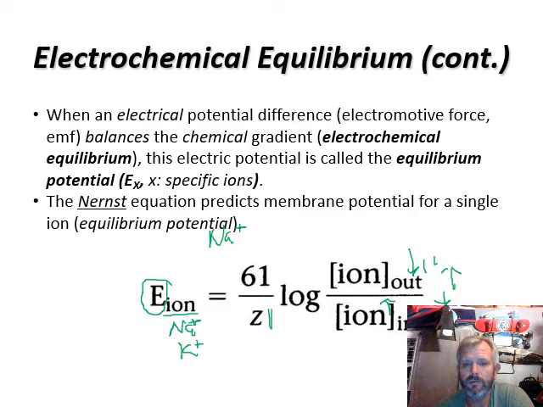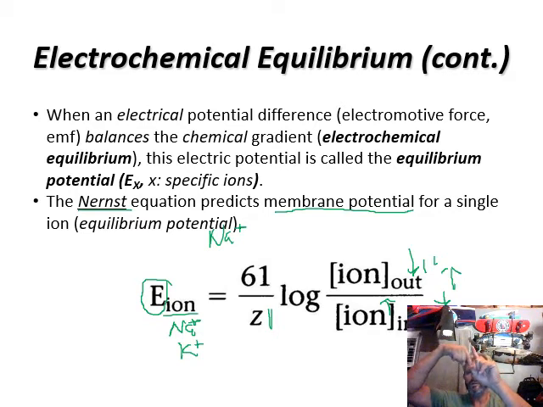This is what we call the Nernst equation. It predicts at what membrane potential the two forces will equal. We have a chemical force: the concentration gradient is telling the molecule to move in one direction. At one point, the electrical force is going to be going in the opposite direction.